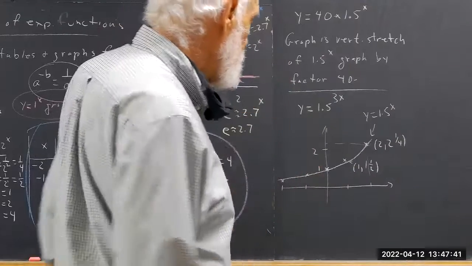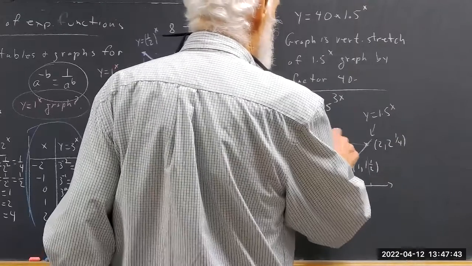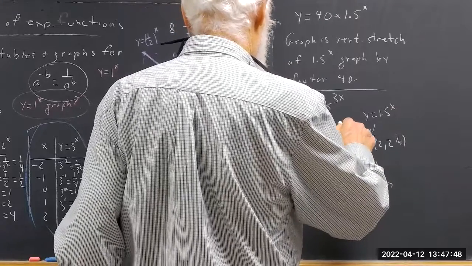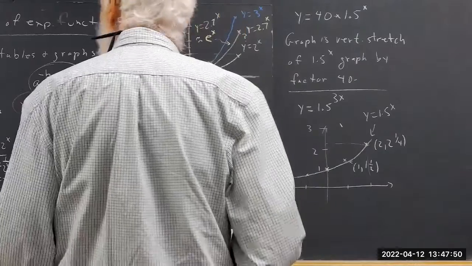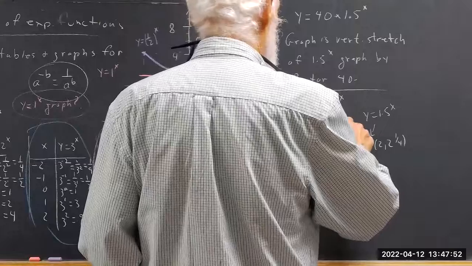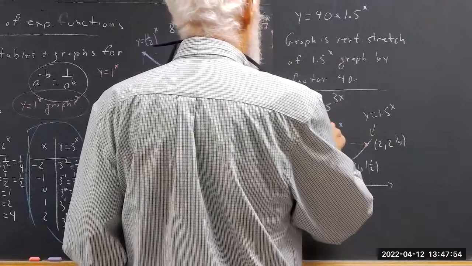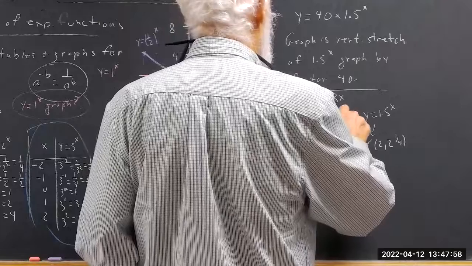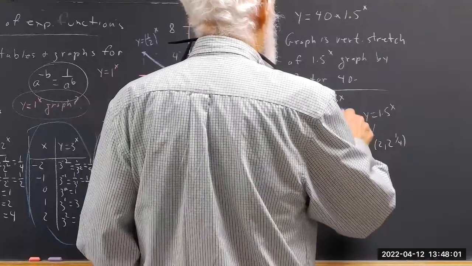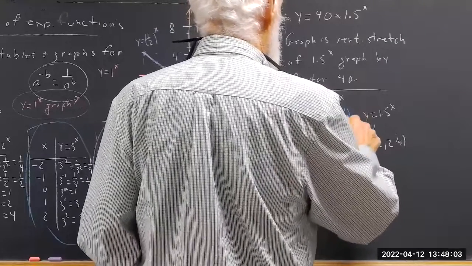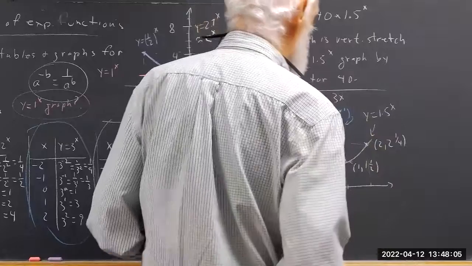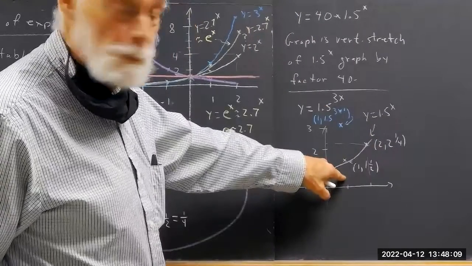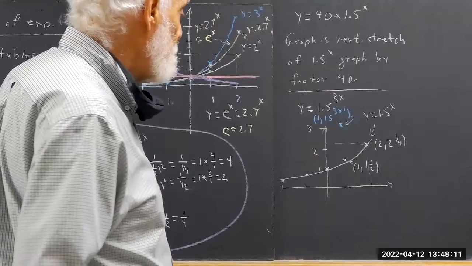But up here's 3. And up here is the point 1.5 to the 3 times 1. So it's a lot higher. You're taking a bigger power because you're multiplying by 3.